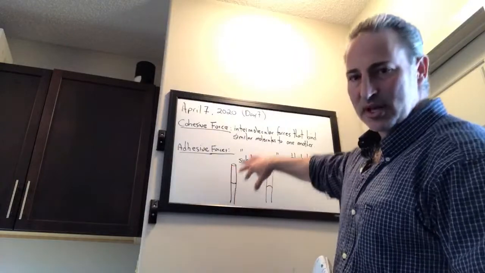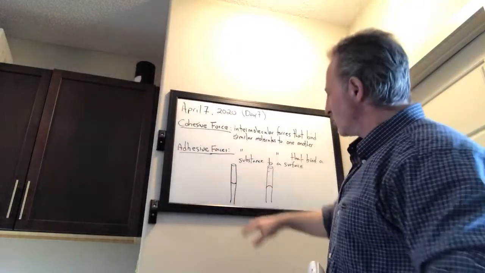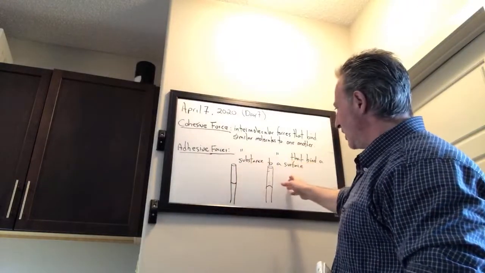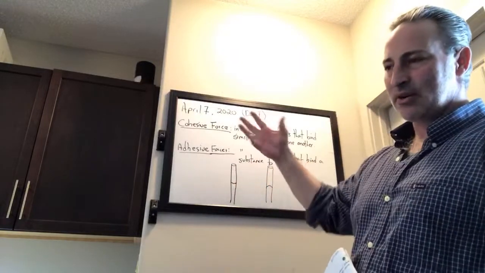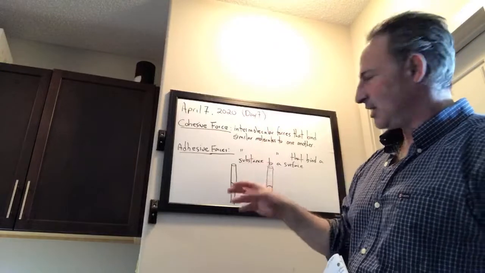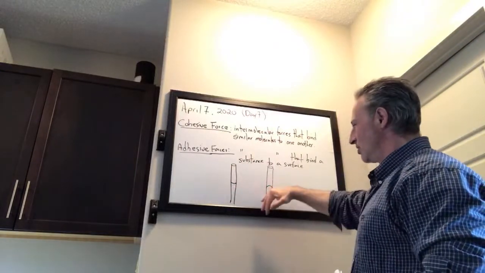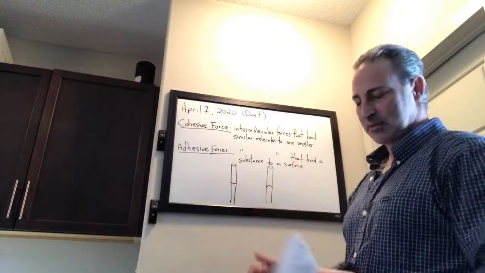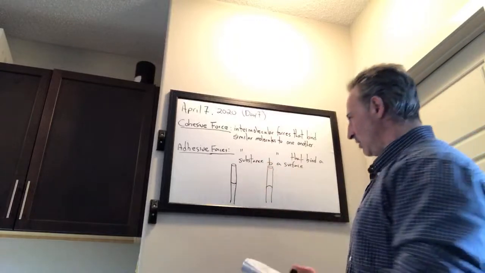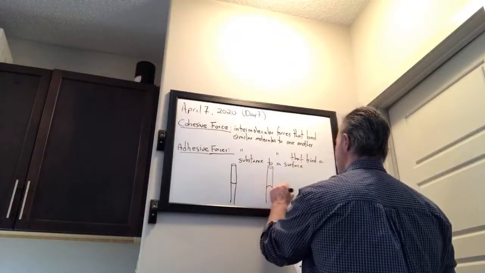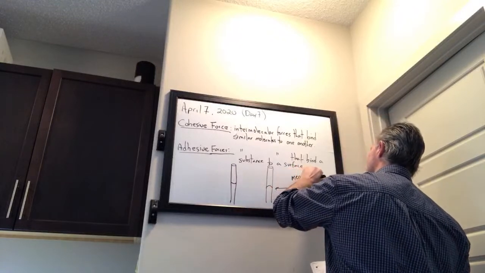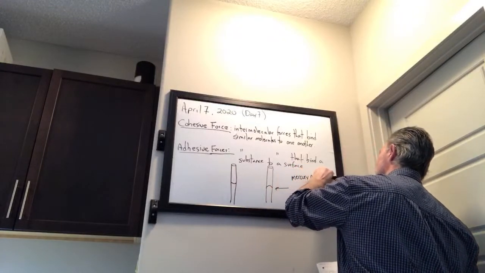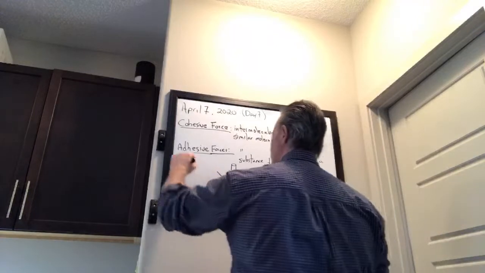So it climbs up the glass. In the case of a mercury meniscus, the mercury has a greater attraction for itself than it does for the glass. So the meniscus makes a bowed shape with the bulge in the middle. So this would be a mercury meniscus. This would be a water meniscus.